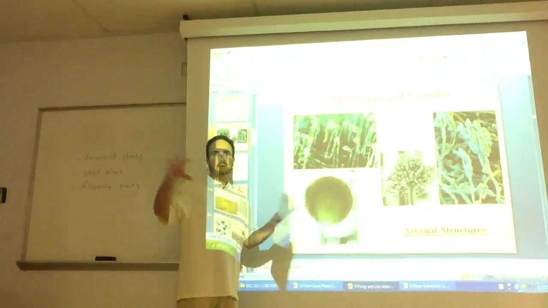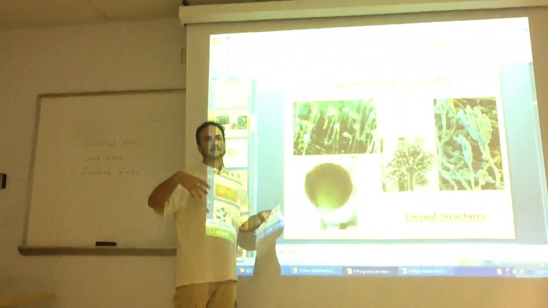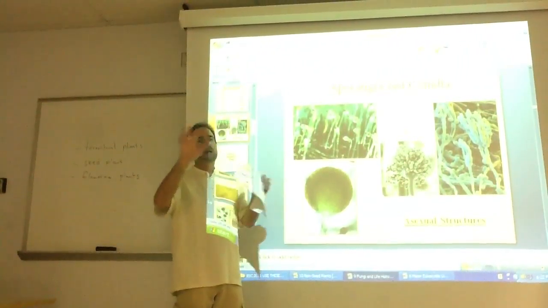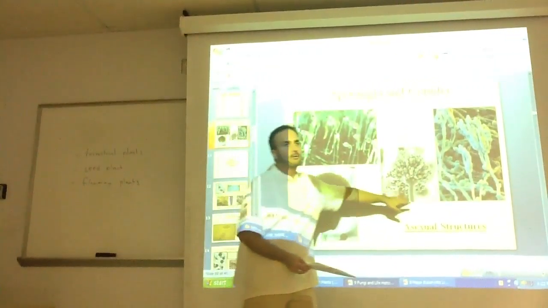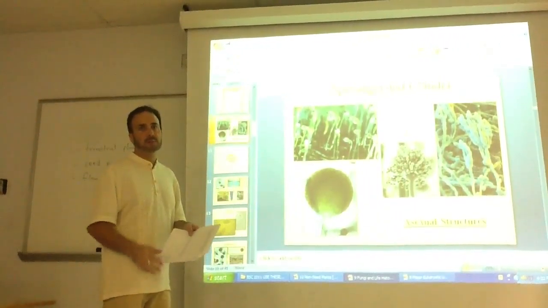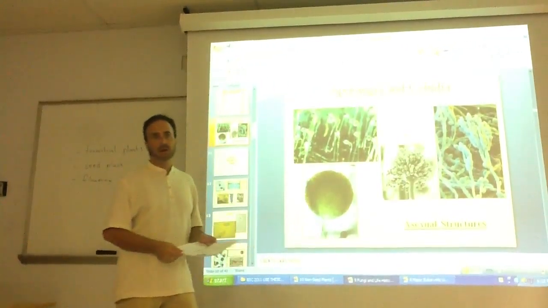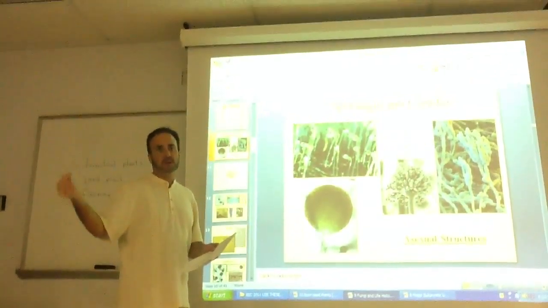Because fungi are assigned to those different groups based on the sexual structures that they produce. Typically, ascomycetes make conidia if they're going to make asexual structures, but you could never identify something as being an ascomycete based on conidia. You can't identify a zygomycete based on sporangia. You have to identify them based on the sexual structures.